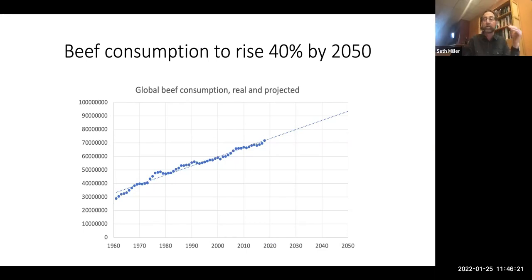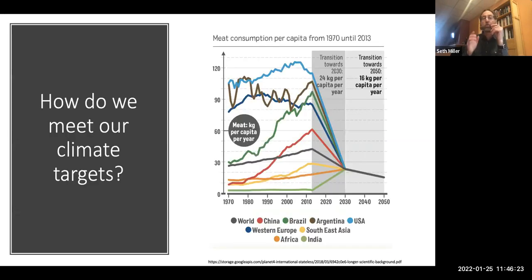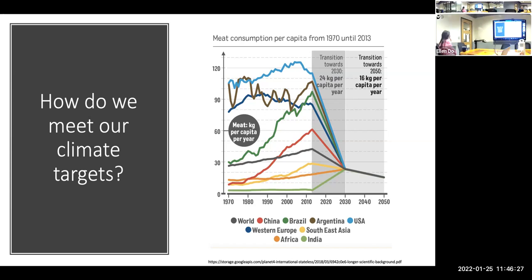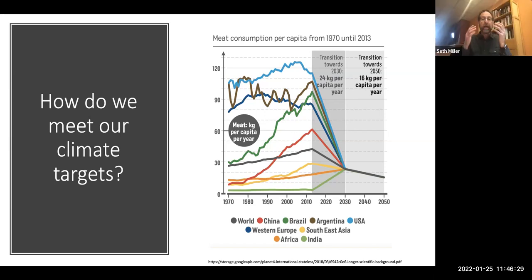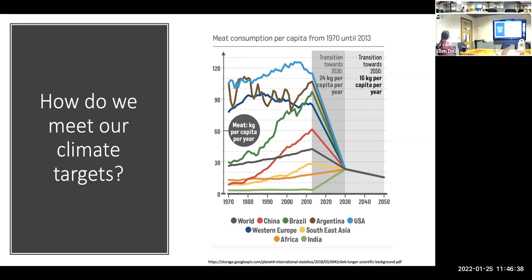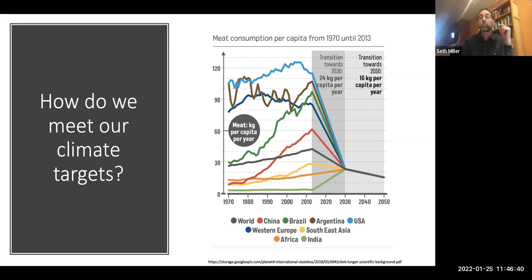Which is to say that we have a problem. And so the question becomes, how do I meet our climate targets in the face of this problem? If we electrify transport, and if we end up being able to move to renewable energy for electricity generation, we still have this growing problem of agriculture, which is again, primarily a problem with cows.